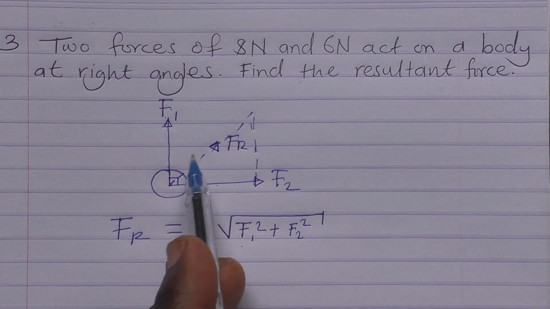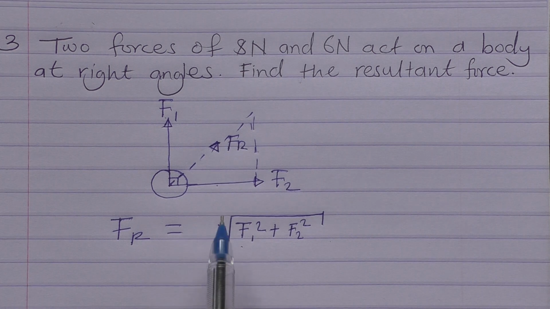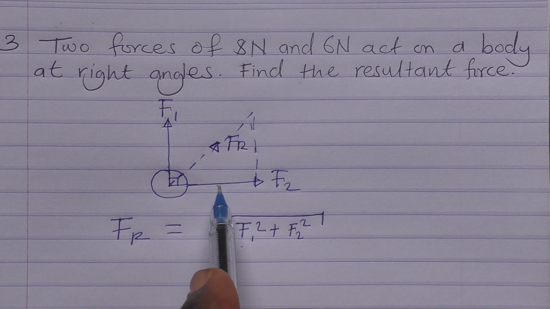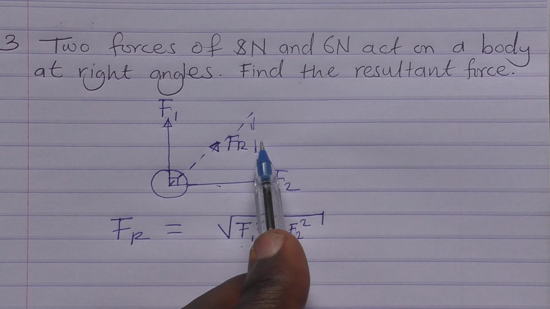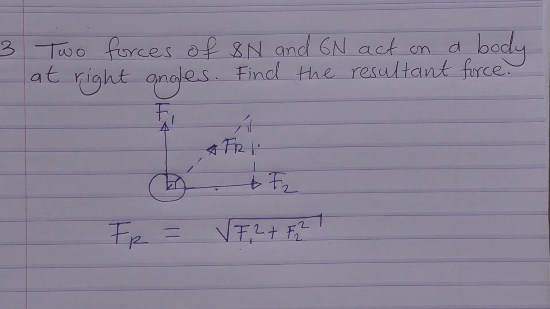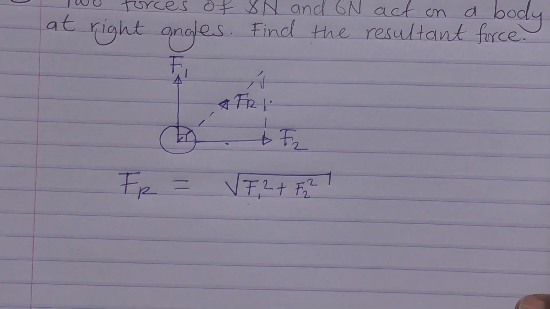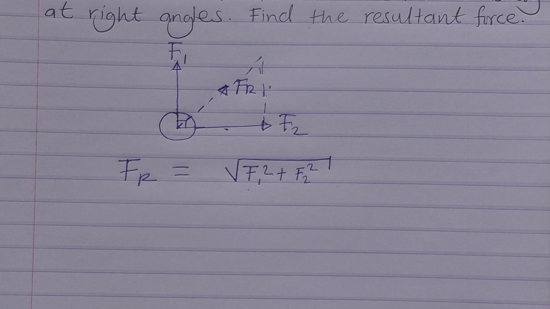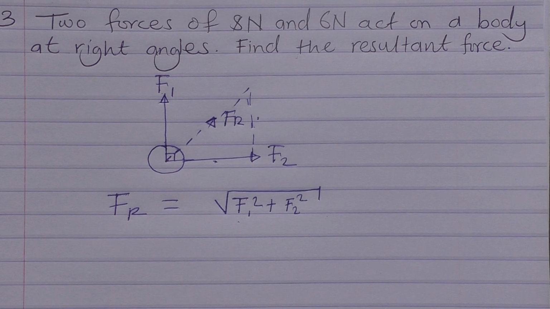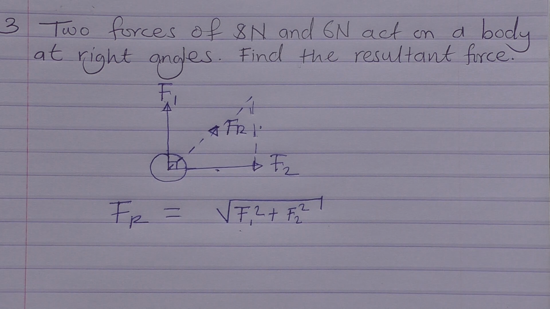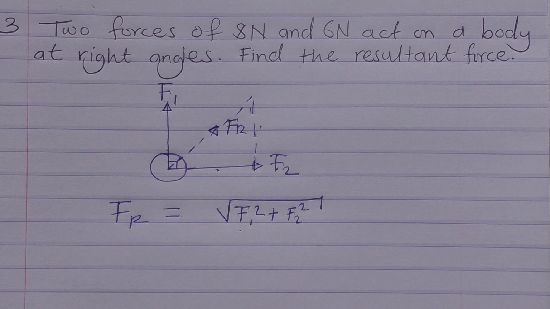So to get the longest side, we get the square root of F1 squared plus F2 squared. So that is how we get the resultant force when forces are acting at right angles on the same body.